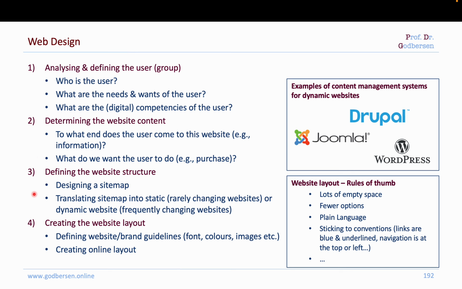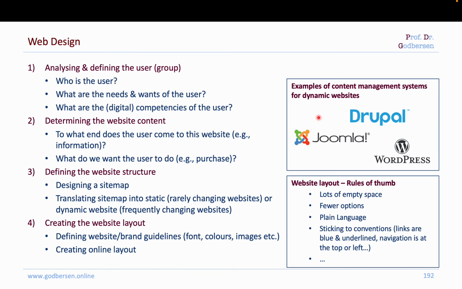Then you define the website structure. You have a sitemap, and then you translate your sitemap into a static or a dynamic website. Static websites make sense when you are not updating your content too often. With dynamic websites with content management systems, you're frequently updating the website, adding new content.